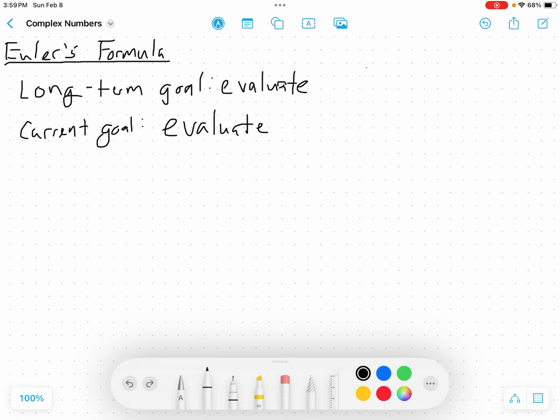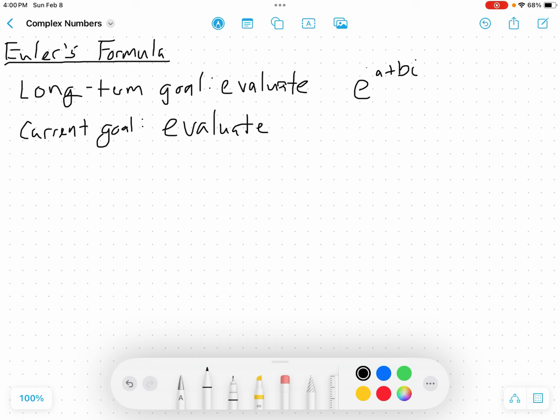And because we could work our way around to this, no matter what real number we start off with, the most natural choice, the thing that's going to help us most, is figuring out how to evaluate something that looks like e to a complex number. Even that is a bit ambitious for this video. We're going to simplify things just a little bit more.